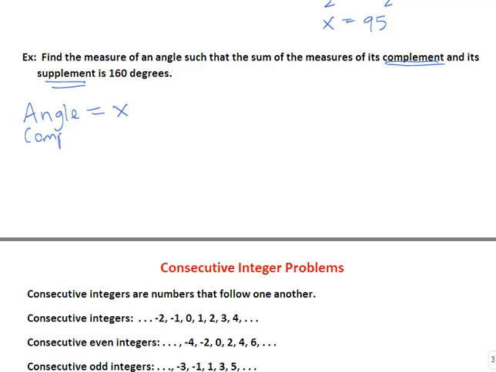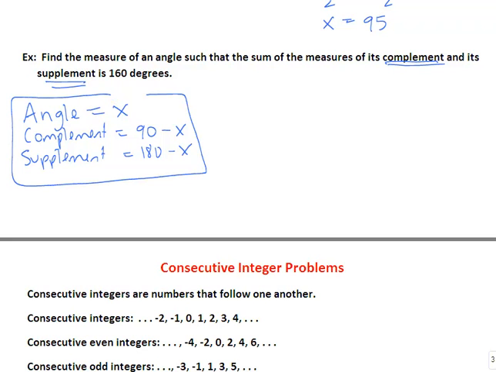The complement of that angle therefore has to be 90 minus x, and the supplement has to be 180 minus x. Those are always going to be the same three expressions no matter the rest of the problem. So anytime you have a complement or supplement problem, write these three statements down.